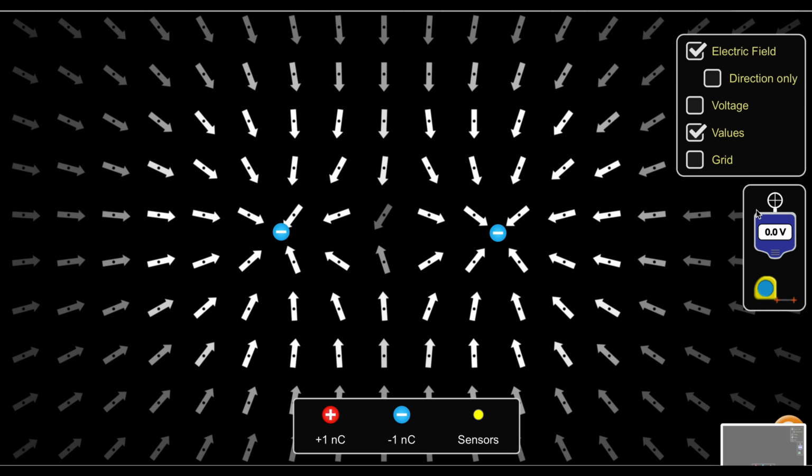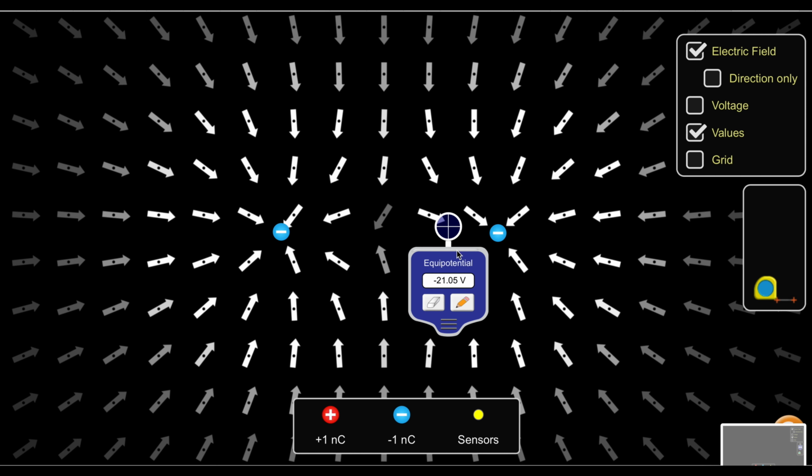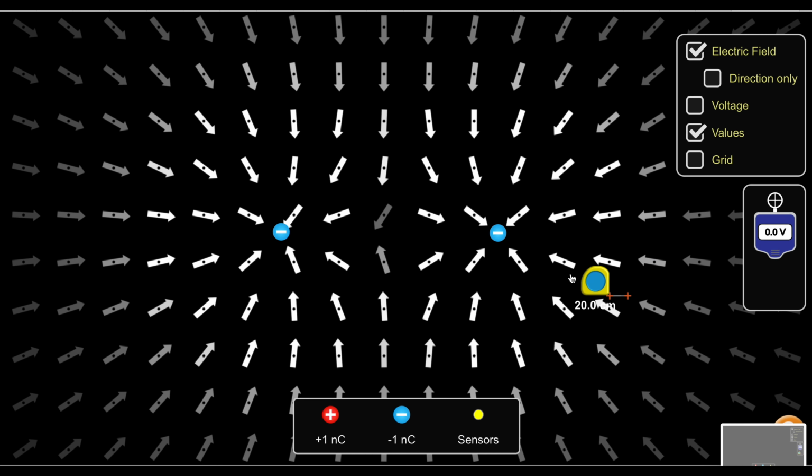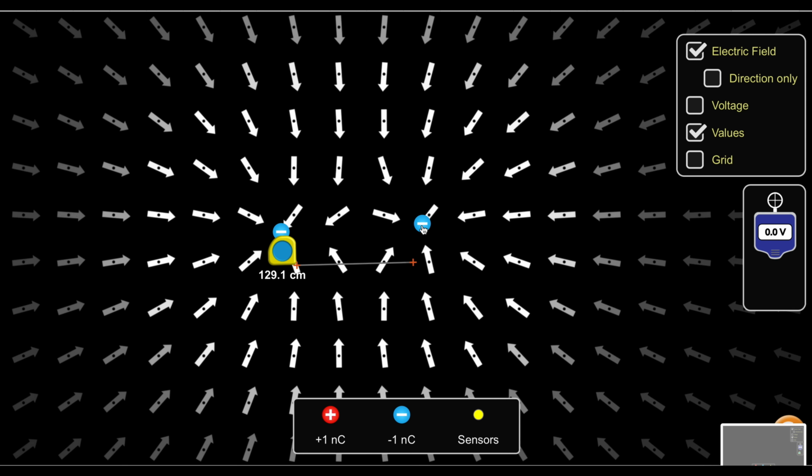We also have a volt generator, a volts checker, which you can use for later, and something that you can use to even check distance. So when we have 130 centimeters, we can figure out that we're 60 centimeters away from this charge.